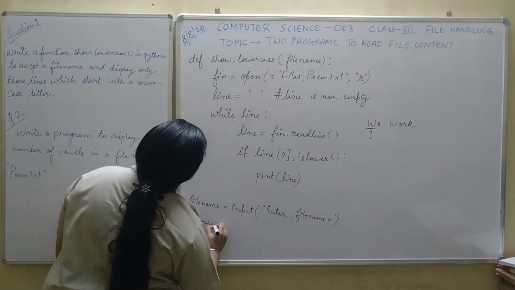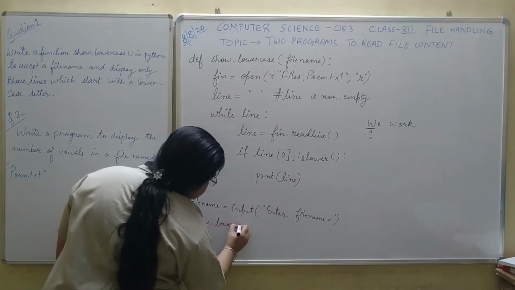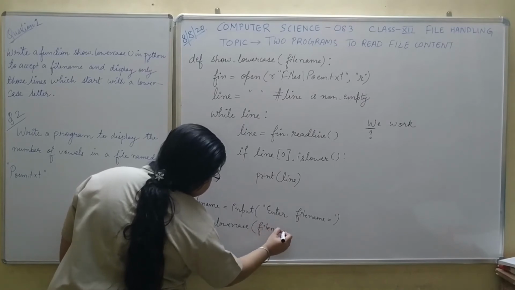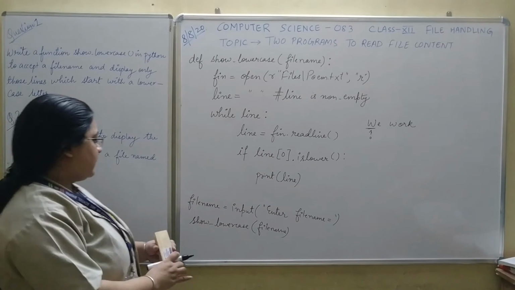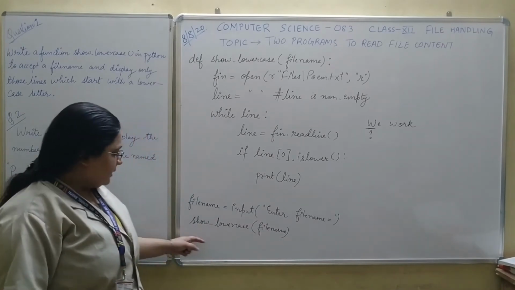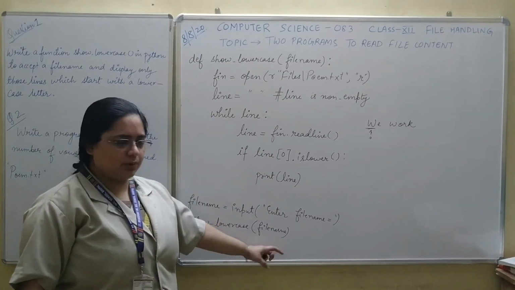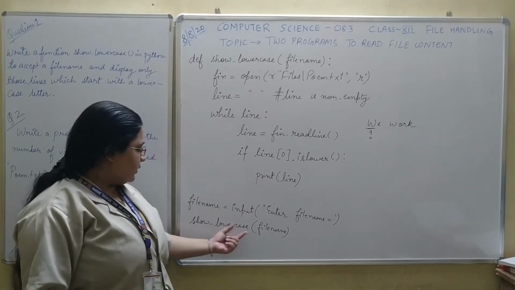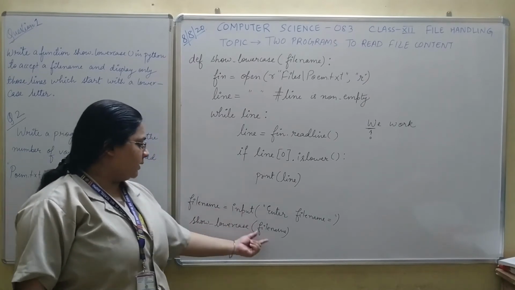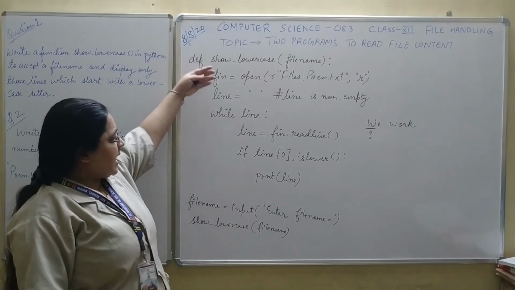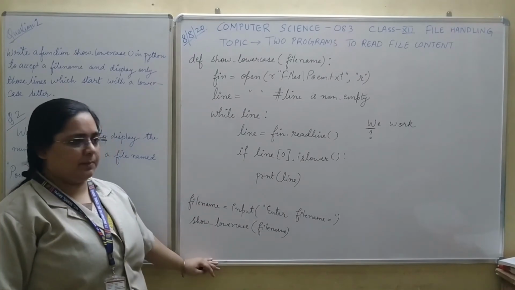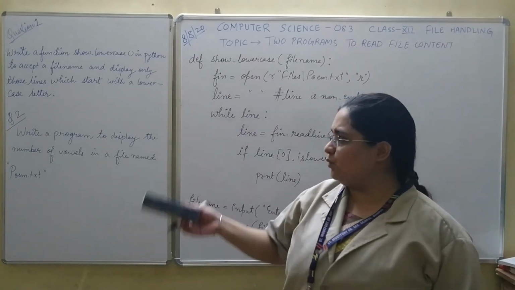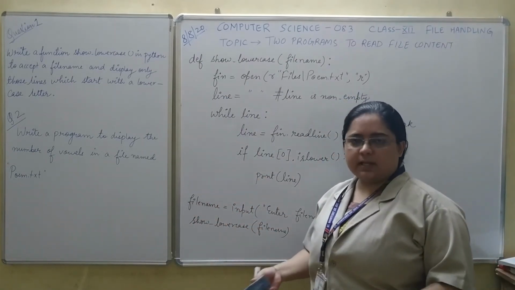The function doesn't return any value, so we will simply be calling it. Usually we will be calling the function as a standalone statement. So this file name which we have accepted from the user will be sent to this function, and all these operations would take place.